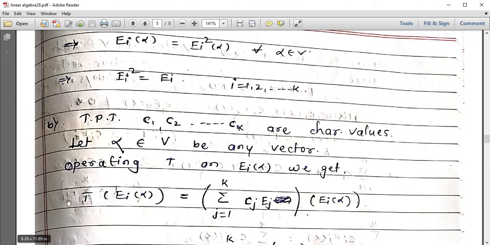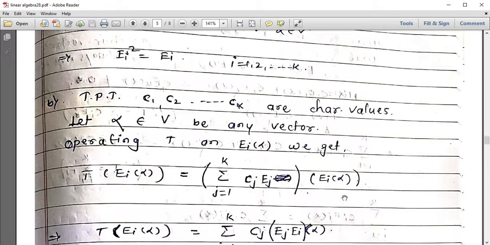Instead of T we can write summation j running from 1 to k of Cj Ej. Why? Because T is equal to C1 E1 plus C2 E2 plus up to Ck Ek. Hence we can write T of Ei of alpha is equal to the summation j equal to 1 to k of Cj Ej Ei of alpha.